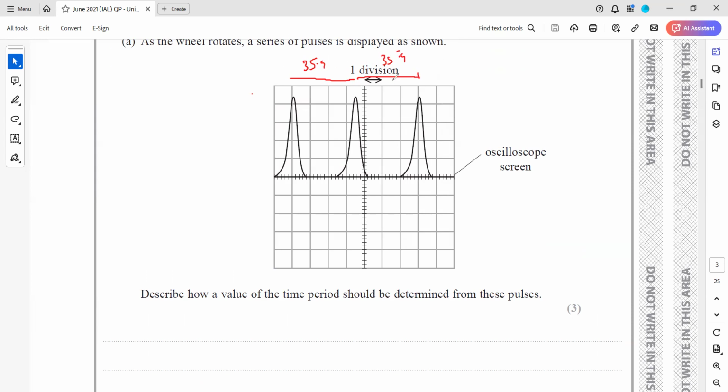Different settings are there. And one division actually represents one box. The width of this one box, from this point to this point, is one division.